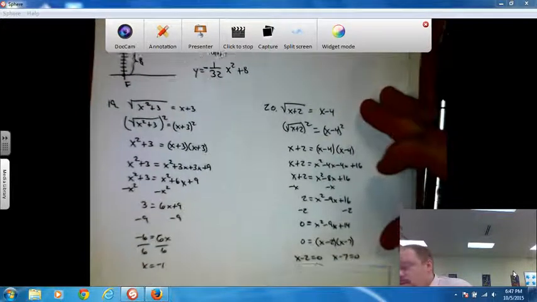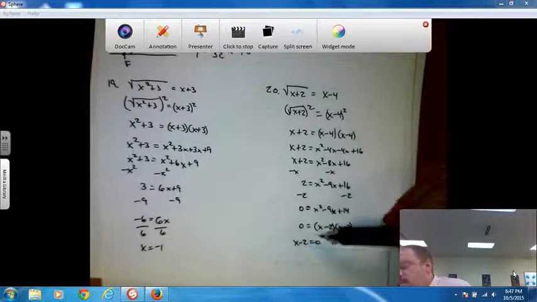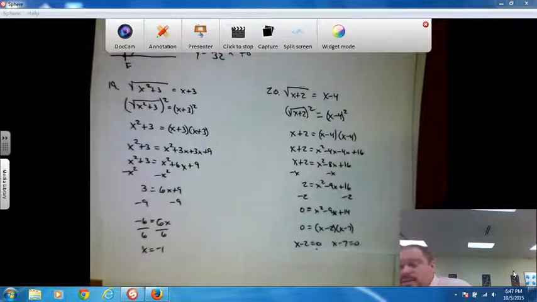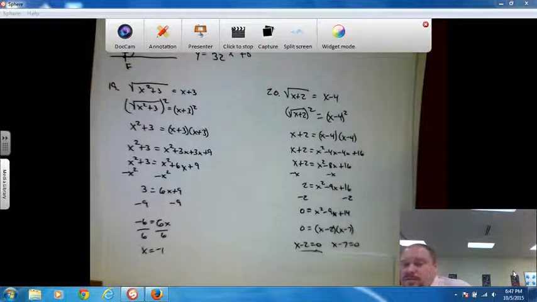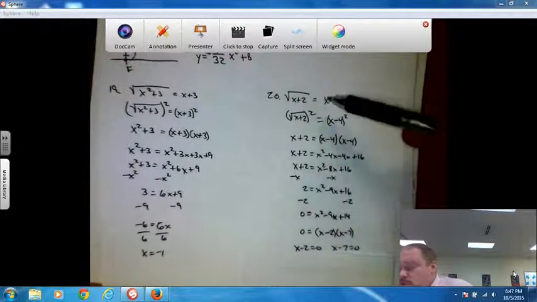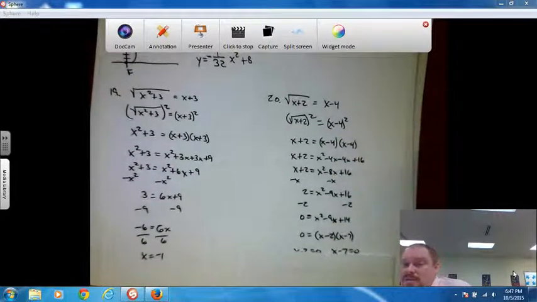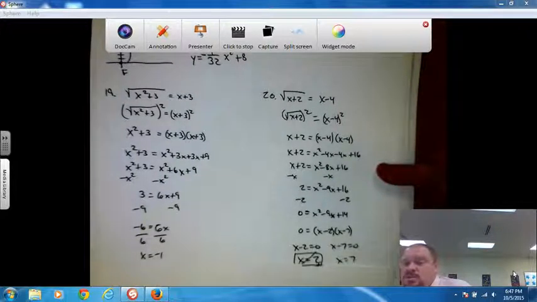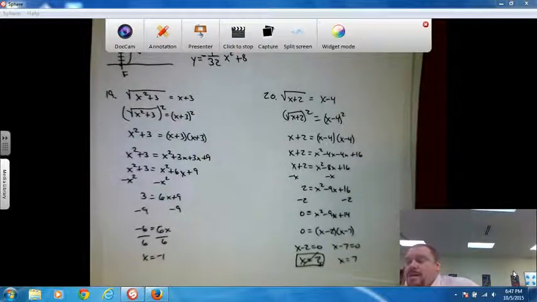Add 2 to both sides, you get x equals 2. Add 7 to both sides, you get x equals 7. But 2 minus 4 gives you a negative number, so 2 does not work. So, we have an extraneous solution.